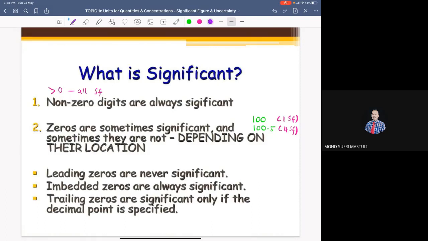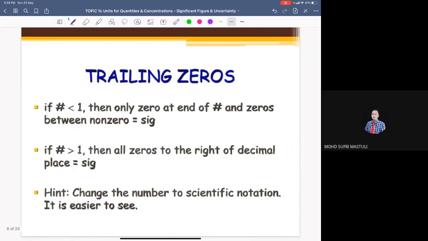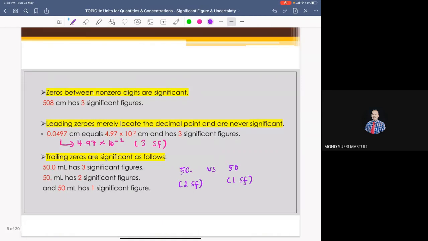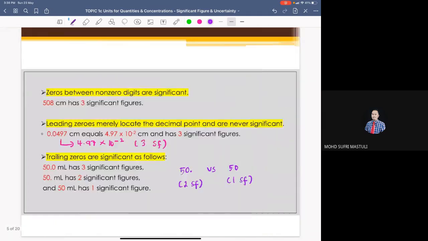Zeros are sometimes significant and sometimes not, depending on the location. So the zero in this location is not significant, so it's only one significant figure. We have already covered trailing zeros here. Trailing zeros depend very much on the decimal point.